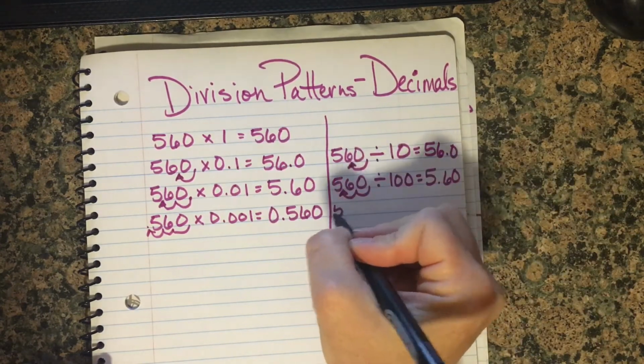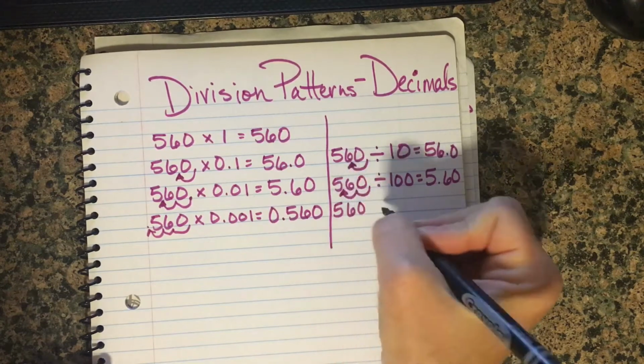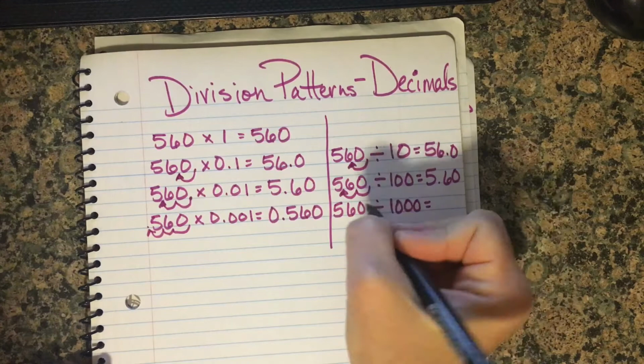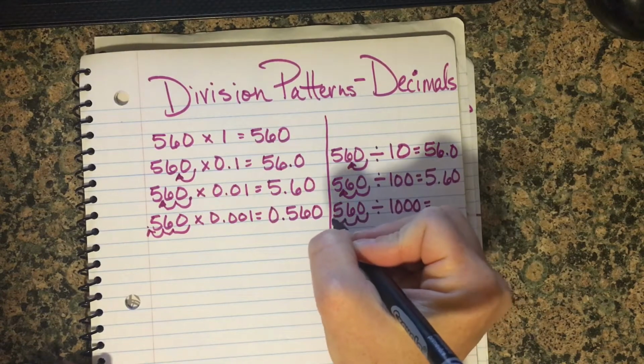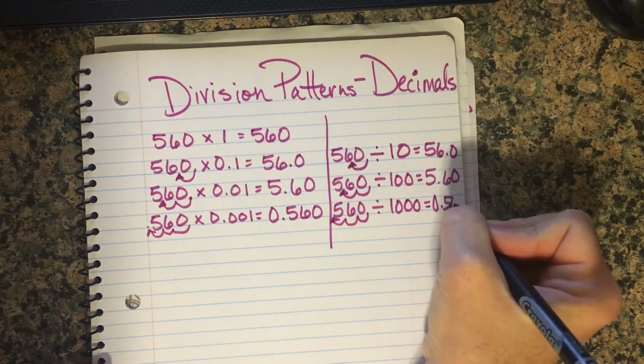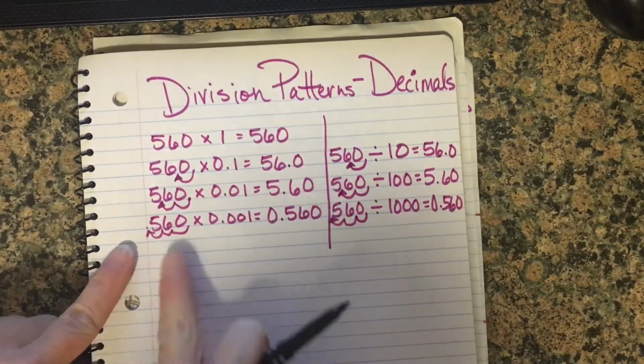And if I do 560 divided by 1,000, I'm going to move 3 times. And I get the exact same numbers I did on this side.